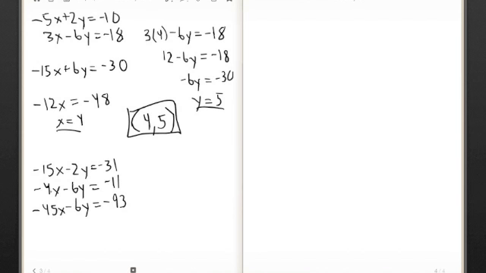So when we subtract, negative 4 minus negative 45 is 41x. Negative 6y minus negative 6y is 0. Negative 11 minus negative 93 is 82. So x equals 2.